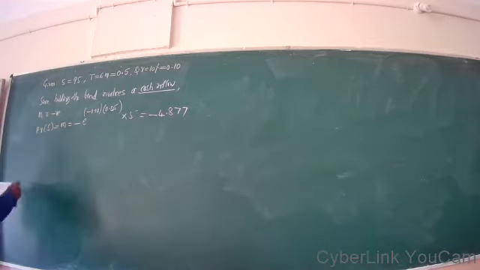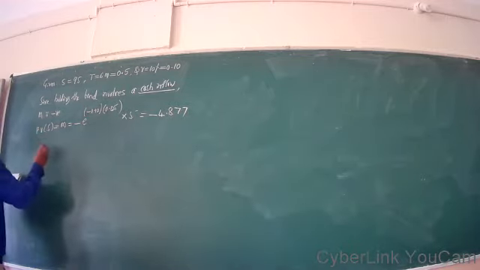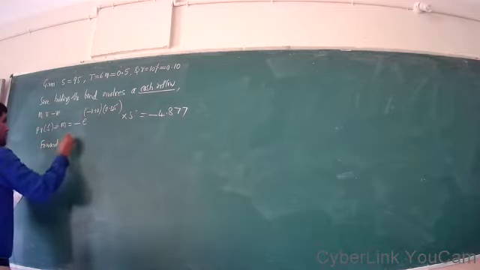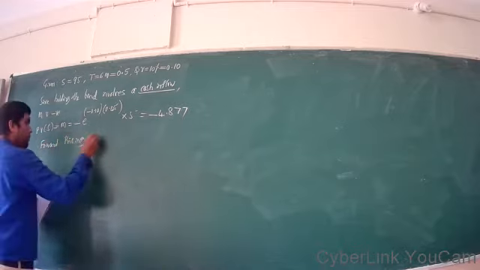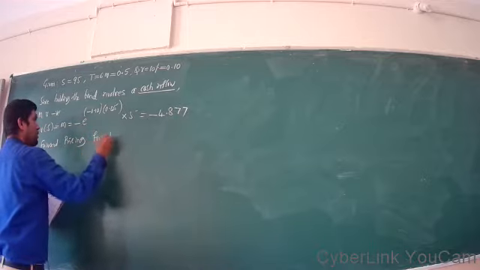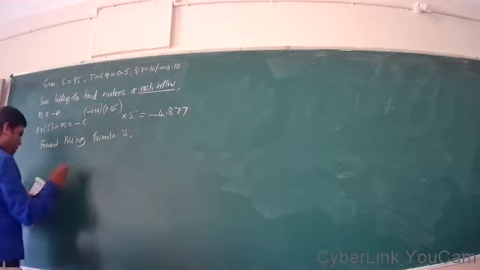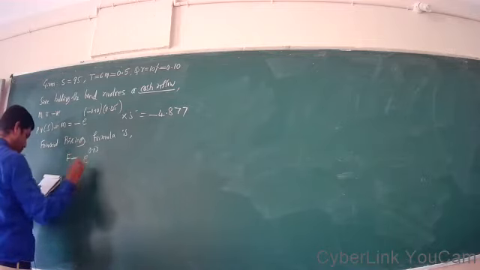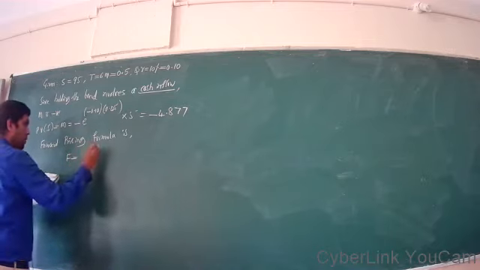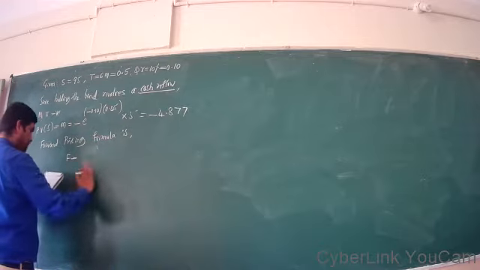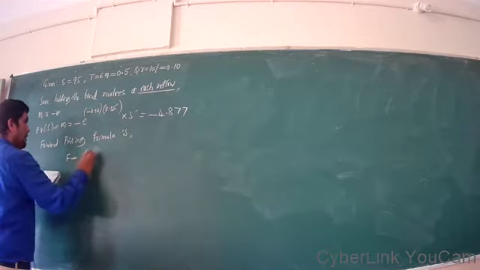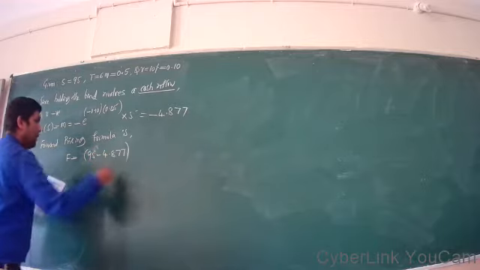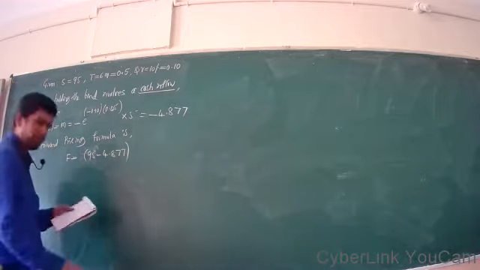Therefore the forward pricing formula is given by F equals (S minus I) into e raised to 0.10 into 0.5, where S is 95 minus 4.877, that is the value of S here.